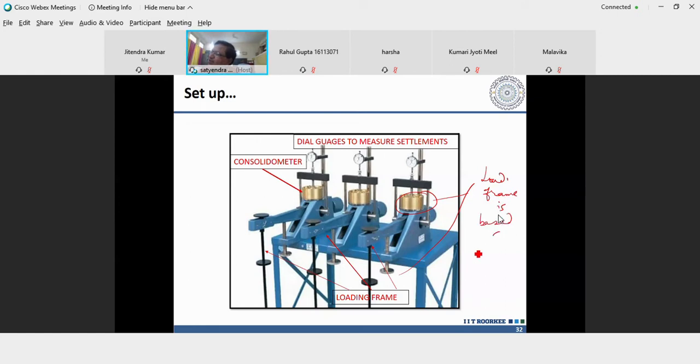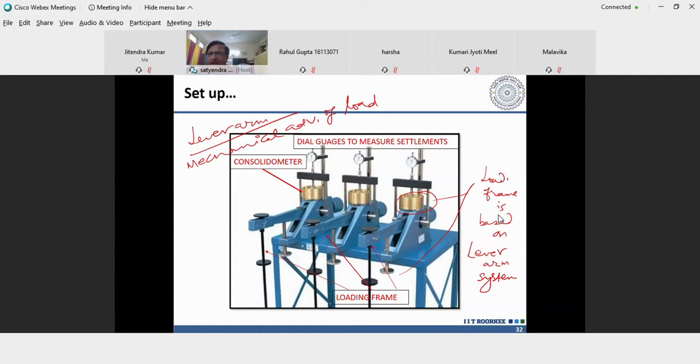The loading frame is based on a lever arm system. You must have read the lever arm system in your 7th or 8th class, and in it we take the mechanical advantage of load. I need not explain the lever arm, it is a very preliminary thing.